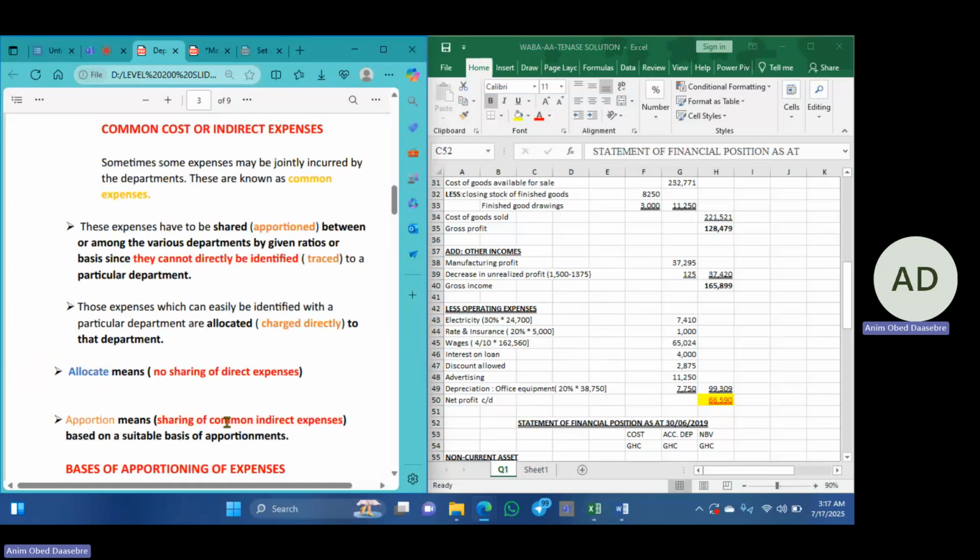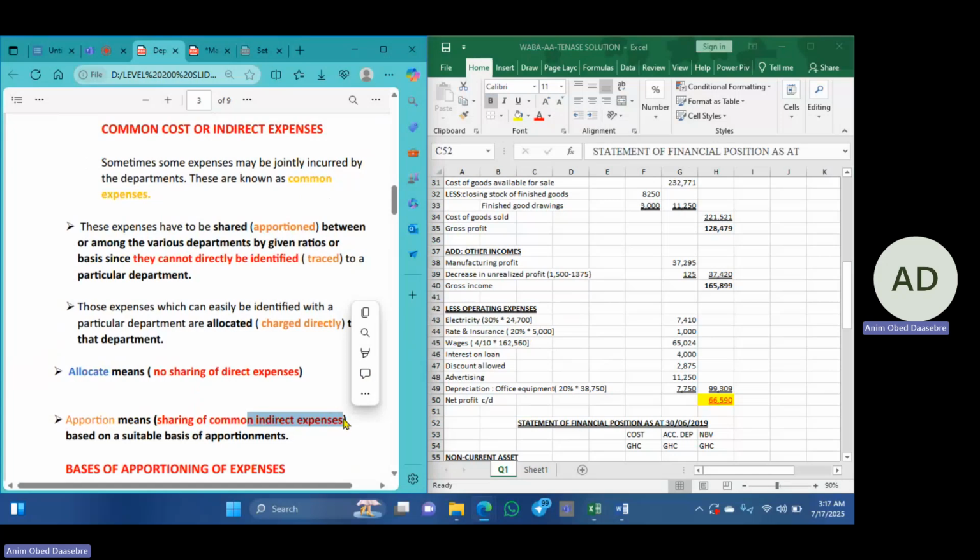Apportionment means sharing of common indirect expenses. And this sharing of indirect expenses is the overheads. So that will give rise to factory overheads and non-factory overheads.